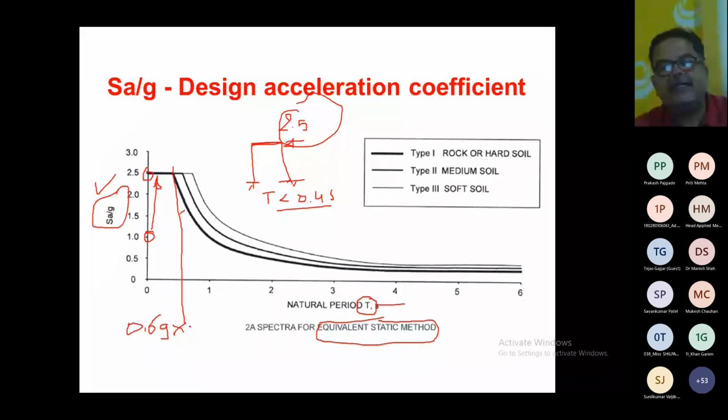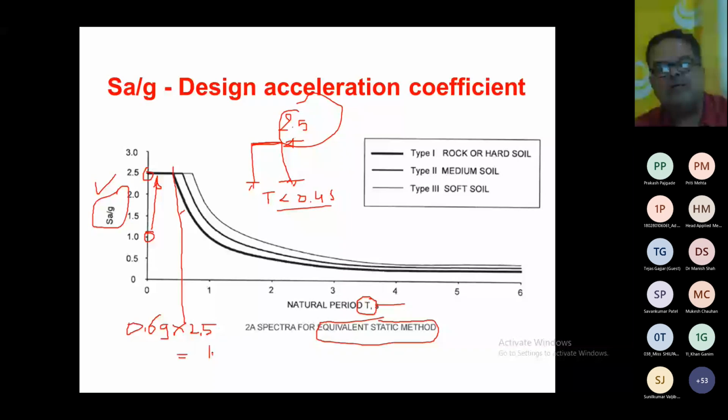If a building falls in a category having the natural period less than 0.4 second, how much force is acting on your structure?